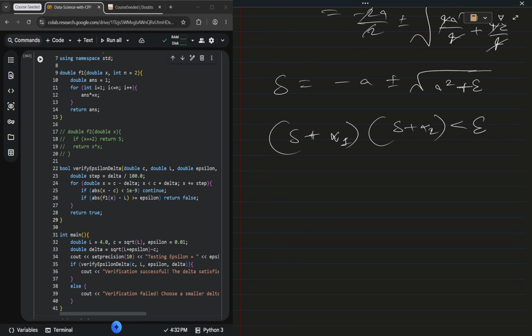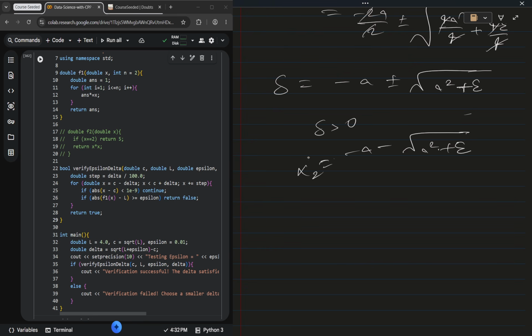So suppose I say that you cannot take alpha 2 as your delta, why do I say that? Because you have this condition over here that delta has to be greater than 0. Suppose you take minus a minus under root of a square plus epsilon, then the problem is that this delta, let's say alpha 2, is basically a value for delta only, so let's call it delta 2.